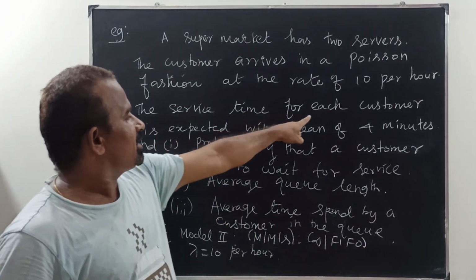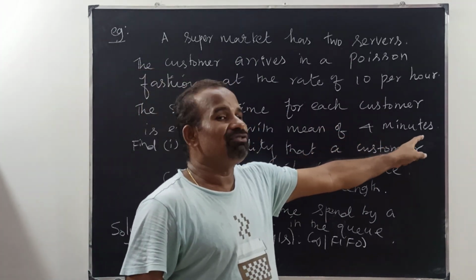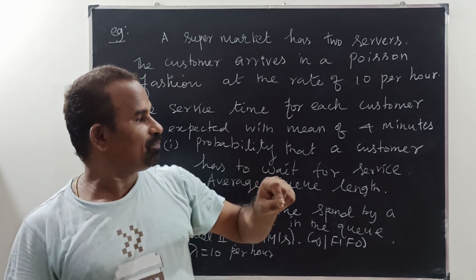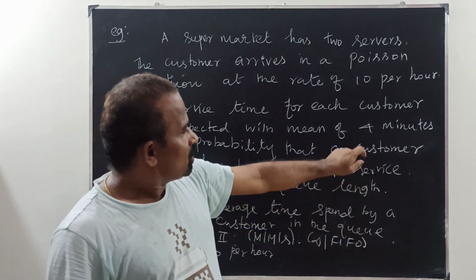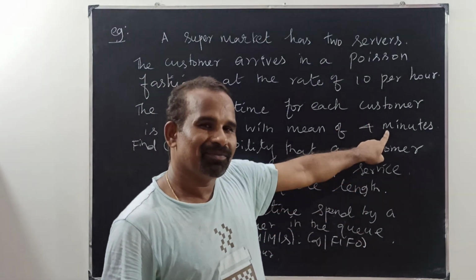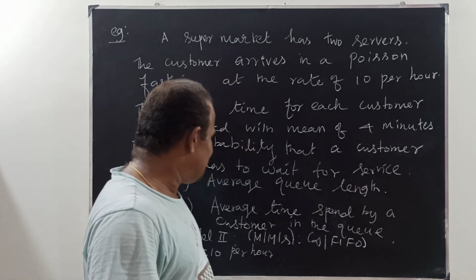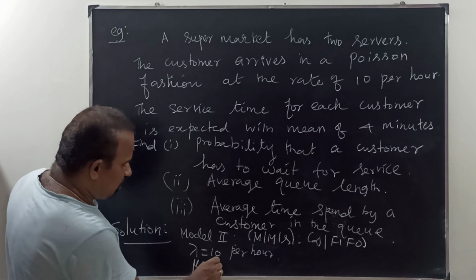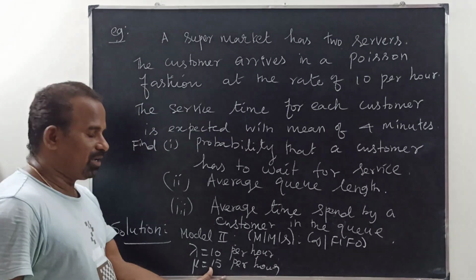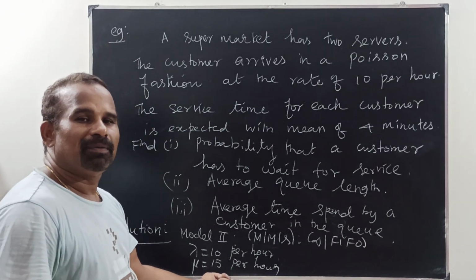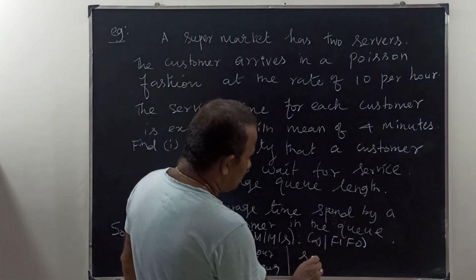The service time of each customer is 4 minutes. In 1 hour, how many customers will be served? 1 customer takes 4 minutes, 10 customers 40 minutes, 15 customers 60 minutes. So mu is equal to 15 customers per hour. Therefore lambda is equal to 10, mu is equal to 15, and S is equal to 2.